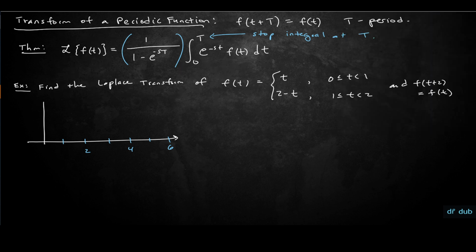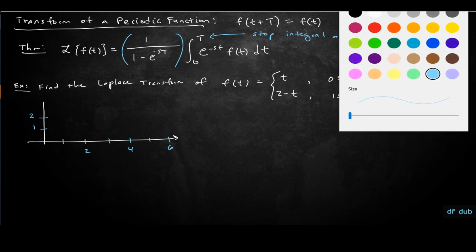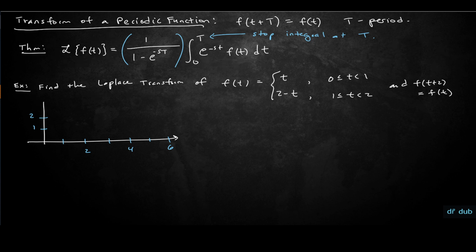And this is 1, 2. So what does this function look like? Well, from 0 to 1, it's y equals t, so it looks like this, a straight line, if I can get this thing to go straight.